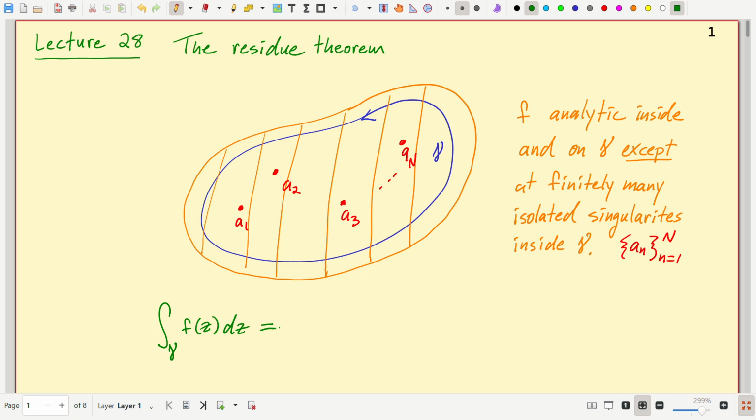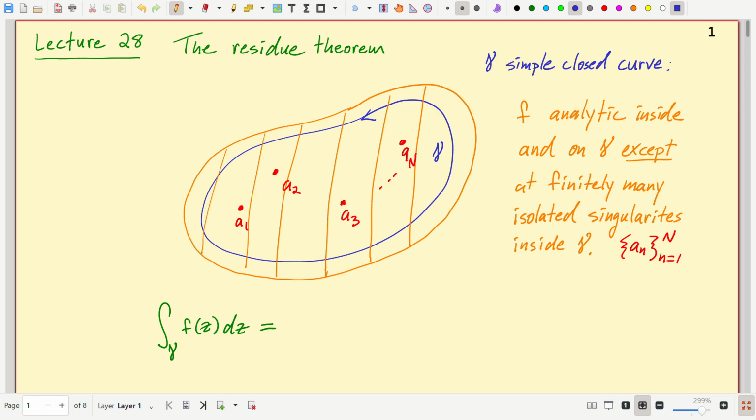It's about integrating around a closed curve, so gamma is a simple closed contour. I should have mentioned that. Gamma is a simple, meaning it doesn't cross itself, closed curve. And I've got a function f that's analytic inside and on gamma.